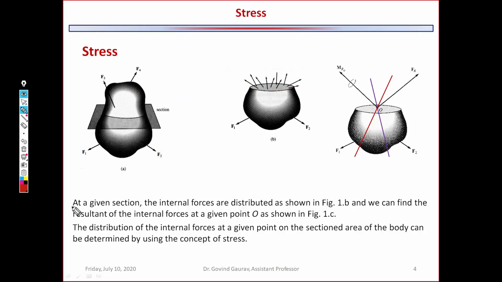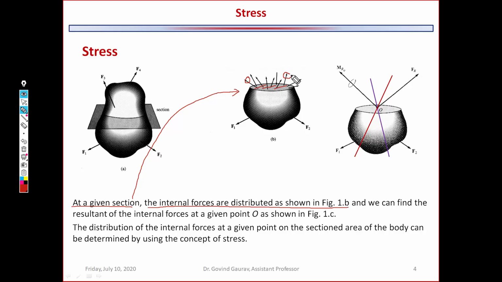So at a given section, this is the section we have taken. The internal forces are distributed as shown in figure 1b. These are the internal forces that are acting at a particular section.